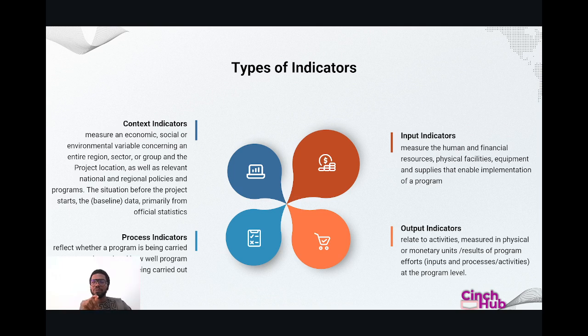Now we have input indicator. Remember when we talked about M&E, we talked about input monitoring, being able to measure input, activities, and output. So input has to do with the human resources, financial resources, and physical facilities. Remember, I defined what inputs are in module one. Any indicator that measures those resources that you need for an activity or for an intervention is an input indicator.